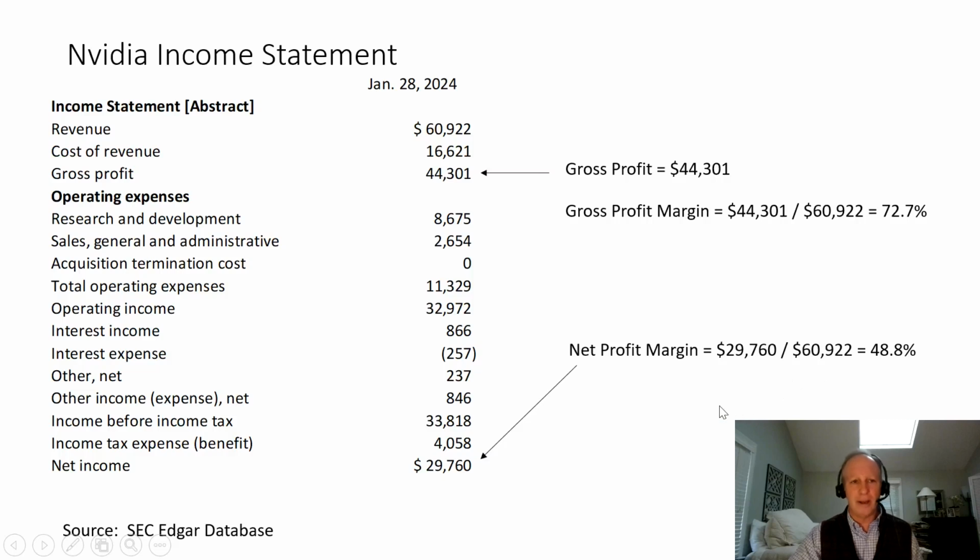That is a huge number. And so you can see how you can start comparing Nvidia to Walmart. You can compare Nvidia to its own history. You can do a lot of different comparisons.